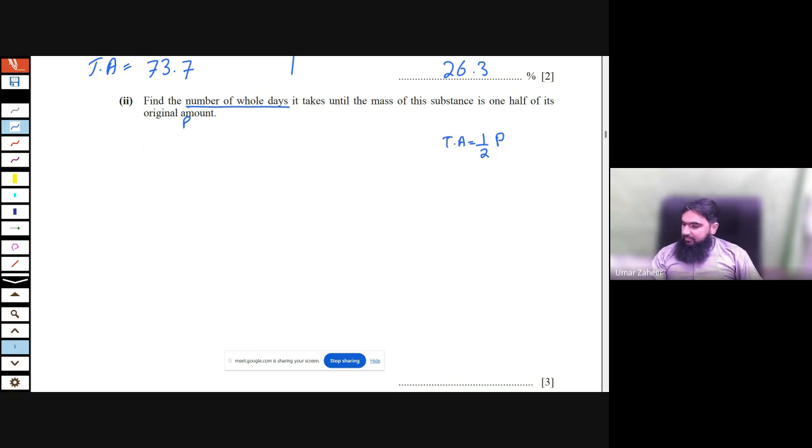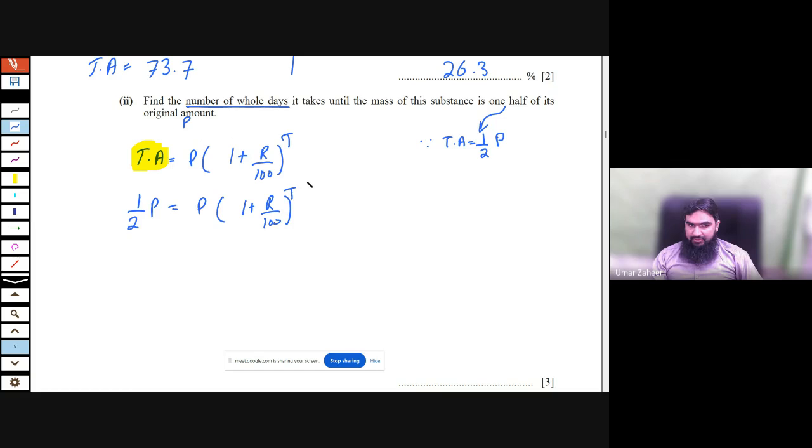All right, let's see how to write it another way. We have the formula: the total amount is equal to the principal amount times (1 plus r divided by 100) whole power t. Now the condition given is that the amount will become half of the principal amount. So 1/2 P, this amount is given. It will be P into (1 plus r divided by 100) whole power t.